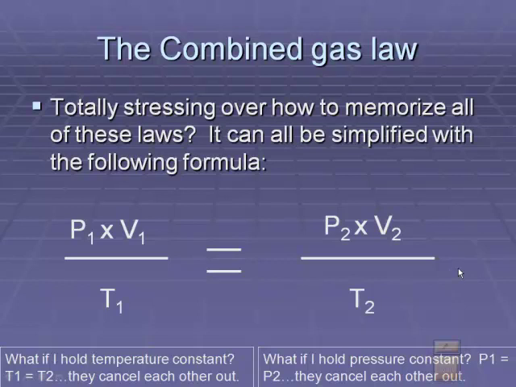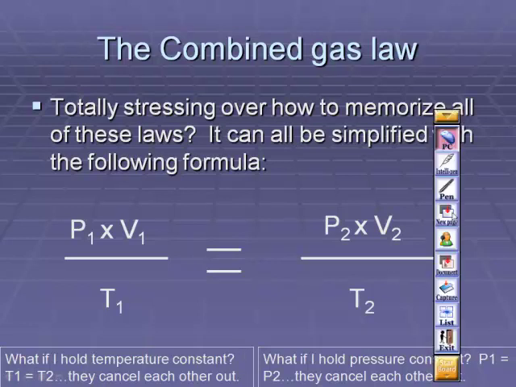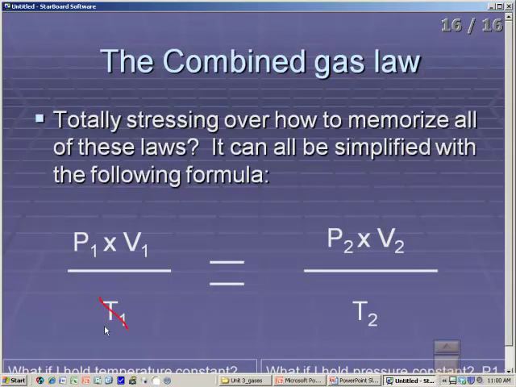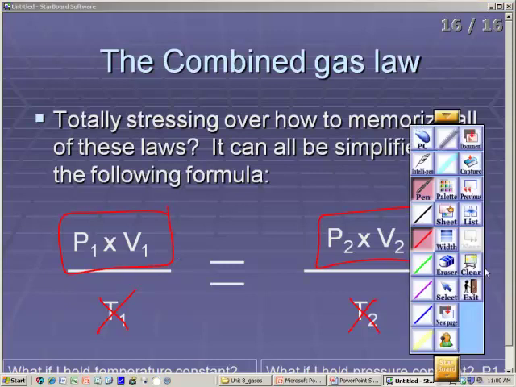It's all written here. So my question is, what if I hold temperature constant? T1 would equal T2, and so they would cancel each other out. So guys, literally, if you look at this formula and you cross out T1 and T2, whose gas law do you have left? That looks like Boyle's law, P1 V1 equals P2 V2.